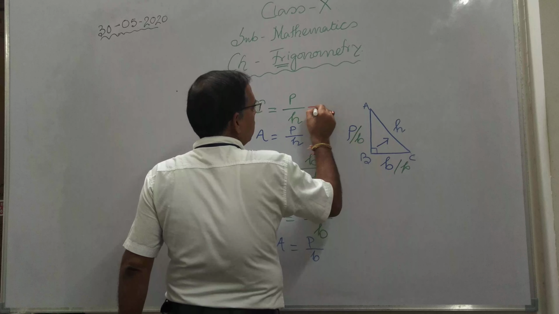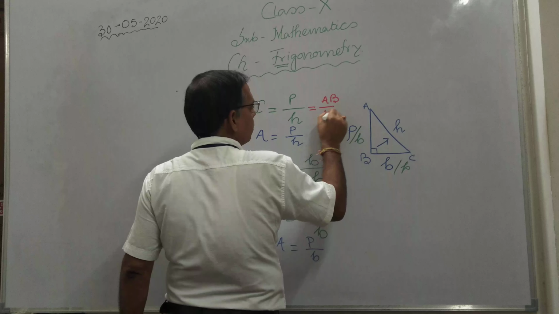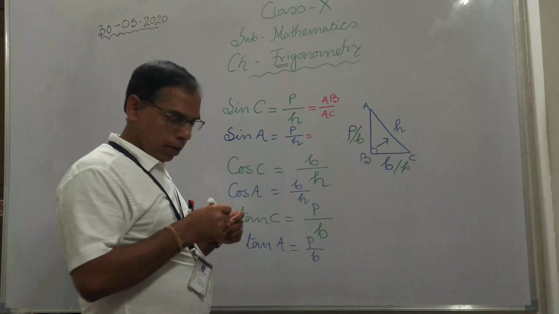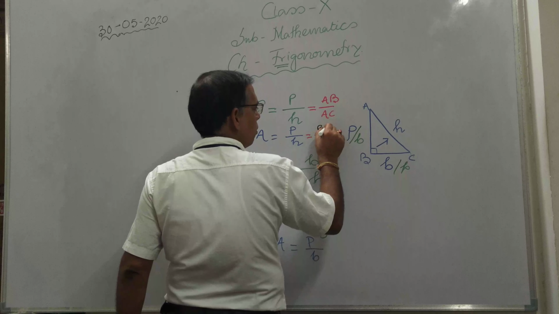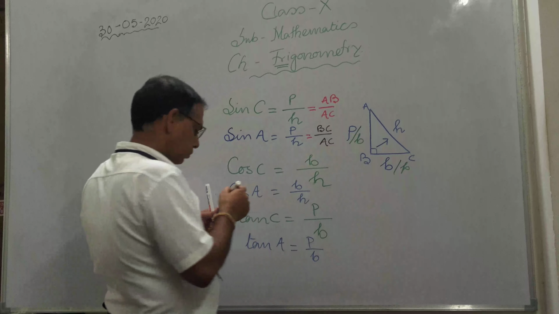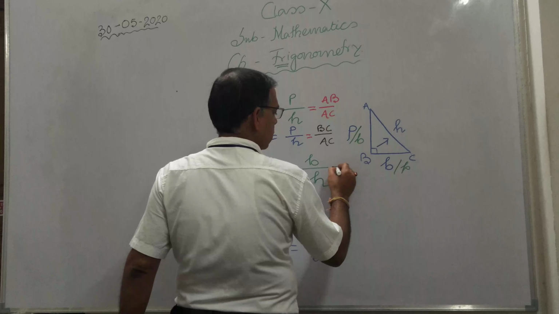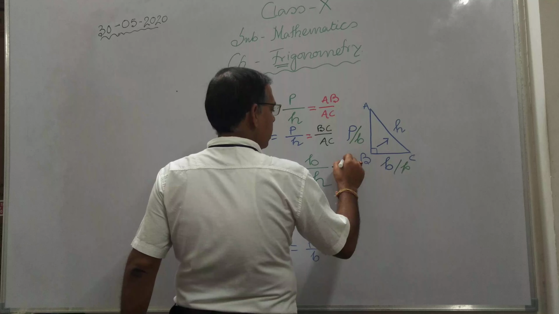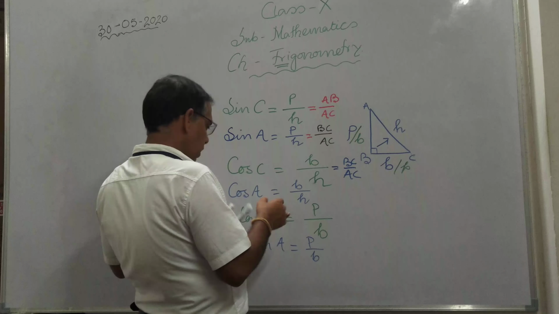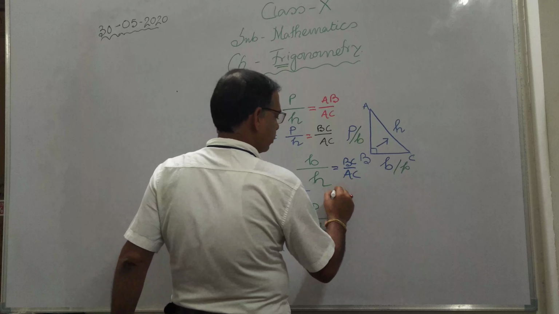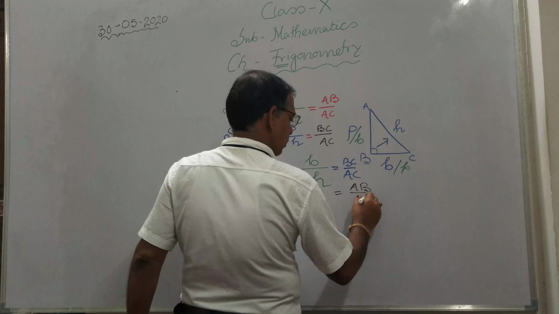When we have taken this one, then it is AB by AC. When we have taken this one, it is BC by AC. When we have done this one, it is BC by AC. When we have done this one, it is AB by AC.